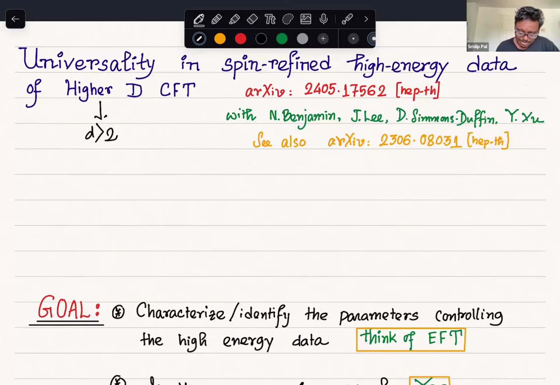The famous example of universality in CFT is in two-dimensional CFT, where we have modular invariance.